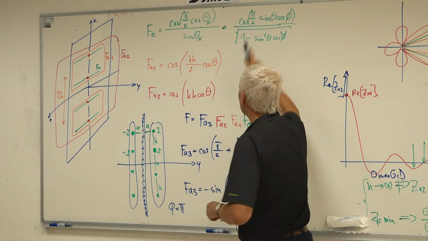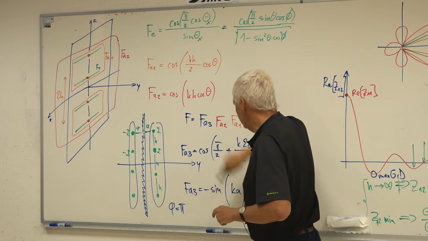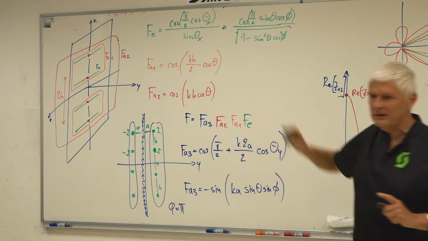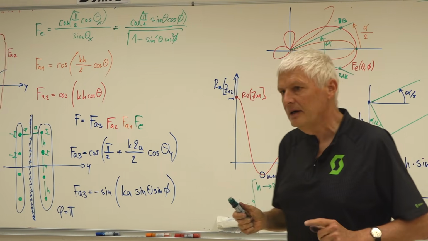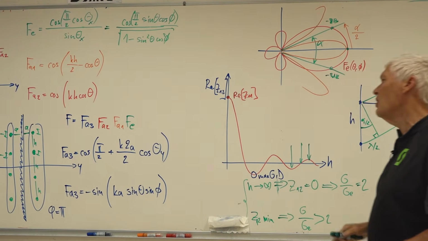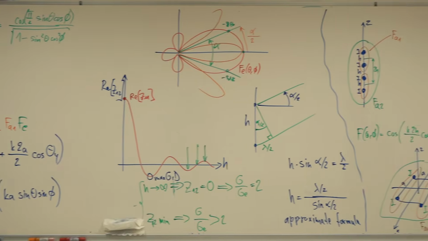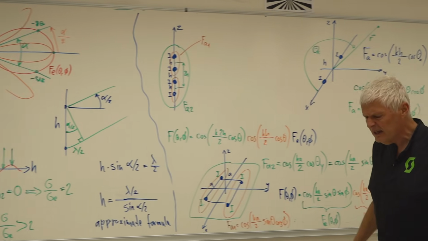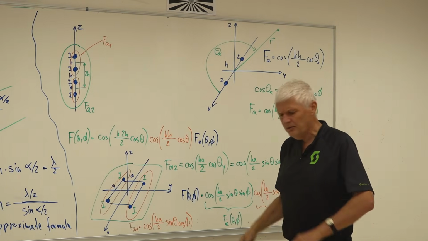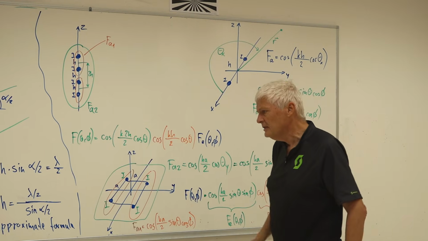So multiplying these together, we get the whole radiation pattern of such an antenna. It's just combining pieces together. As long as we get down with the array of 2, and antennas are usually combined with powers of 2, so this is quite typical.